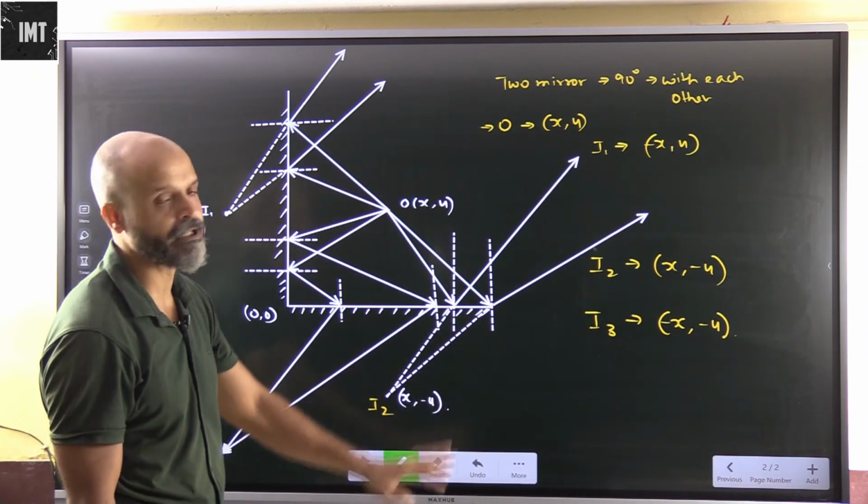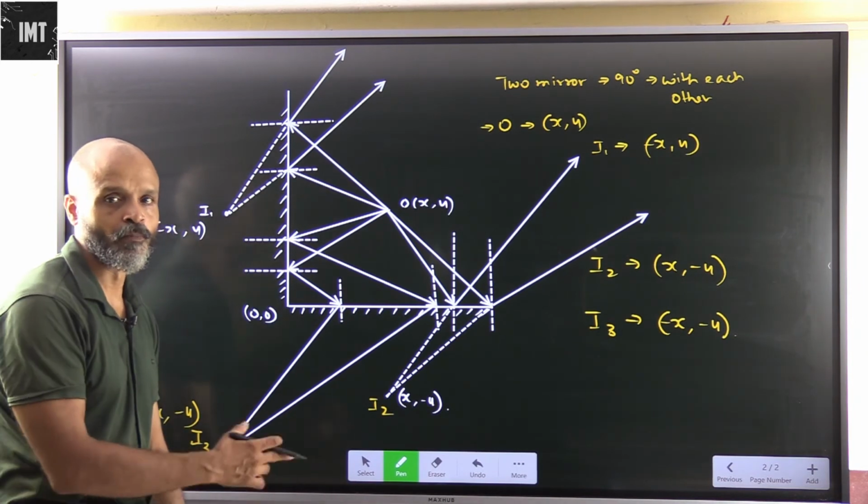So these will be the coordinates of the three images that will be formed in the mirror. I hope this is clear.